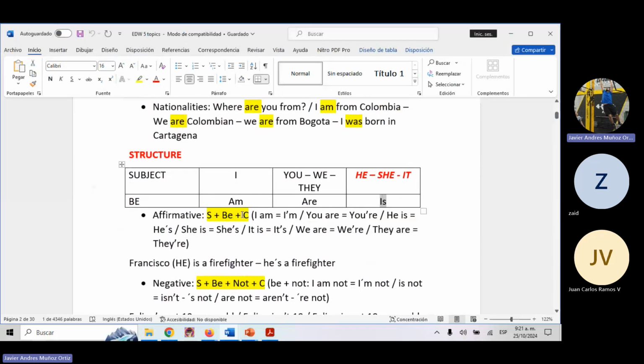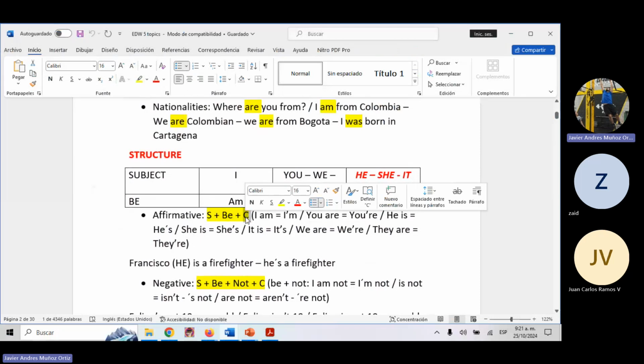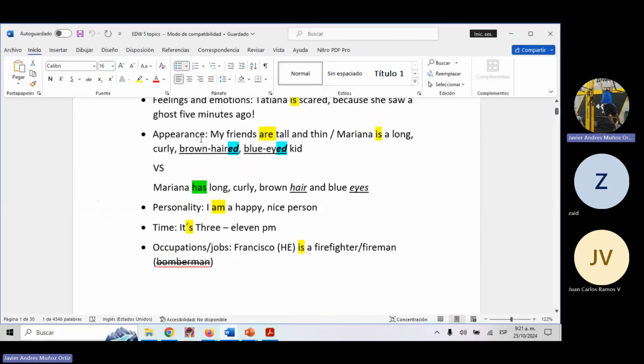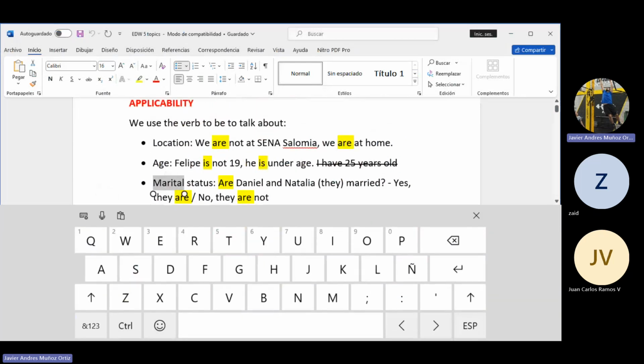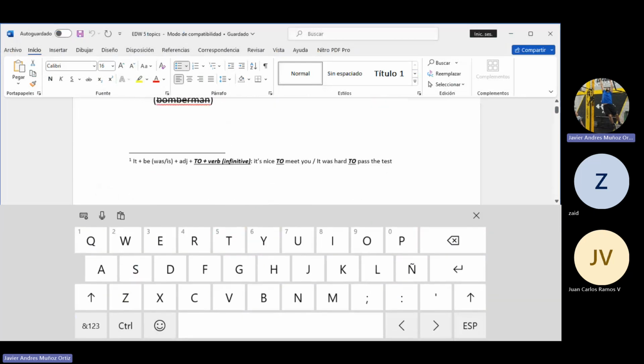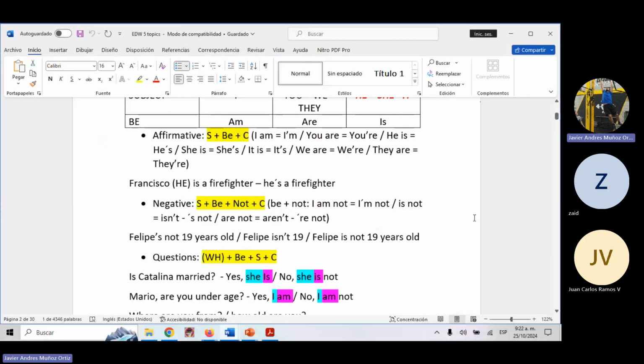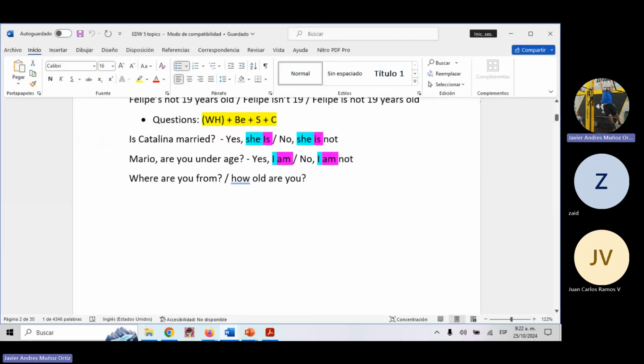And obviously, we have to use the verb to be according to the context, or complement, depending on what you want to mention. I mean, you are using the verb to be to talk about appearance, marital status, locations, and so on, right? We are at home. We are not in the gym. Are you in your job, right? Affirmative, negative, and question.